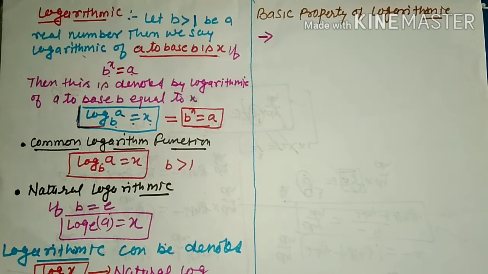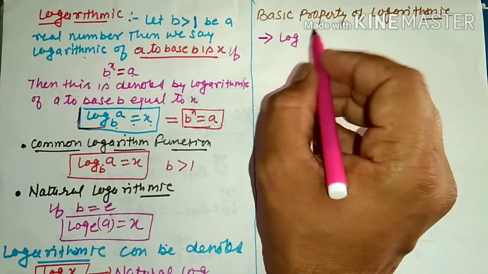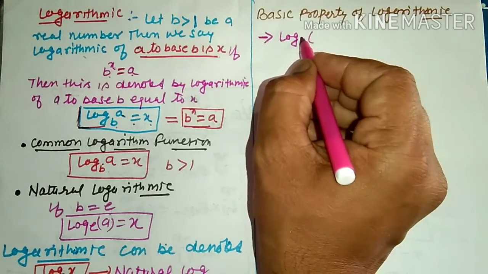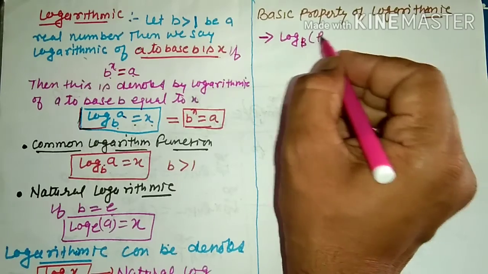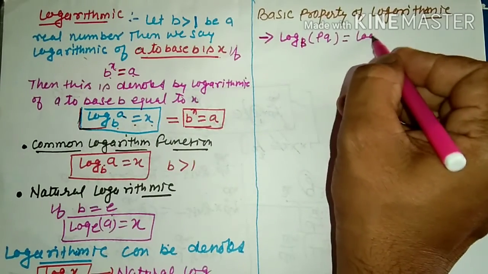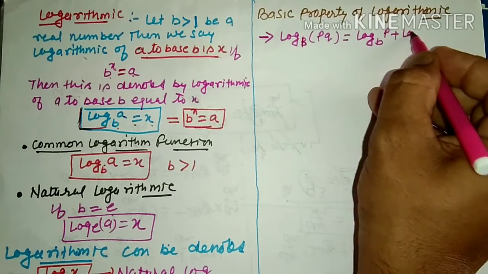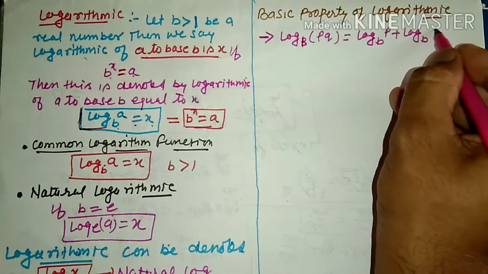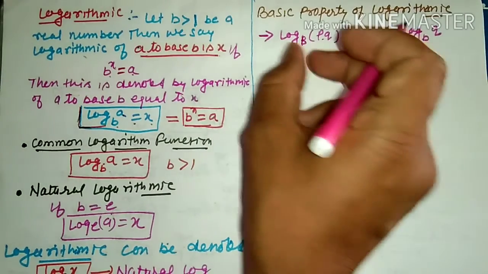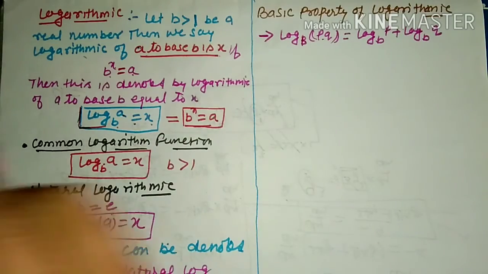First, log base b of pq can be written as log base b of p plus log base b of q. क्लियर? यहाँ पे अगर मल्टीप्लाई है तो दोनों ऐड हो जाएंगे आफ्टर ओपनिंग दिस ब्रैकेट. ब्रैकेट ओपन किया तो मल्टीप्लाई हो जाएगा. क्लियर?